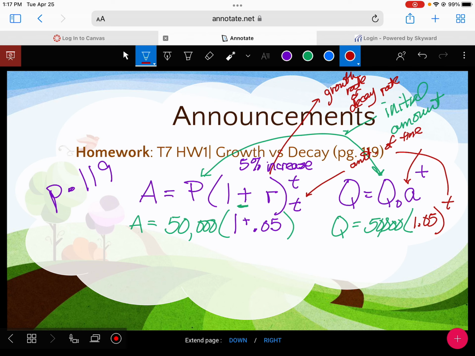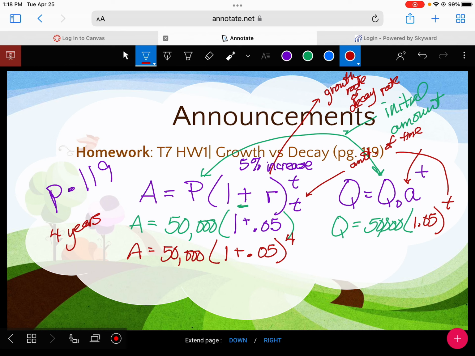So let's say we wanted to know what it was going to be after, I don't know, 4 years. Instead of writing out these tables and calculating it that way, we would say 50,000 times, parentheses, 1 plus 0.05 to the 4th power, because we're counting it after 4 years.